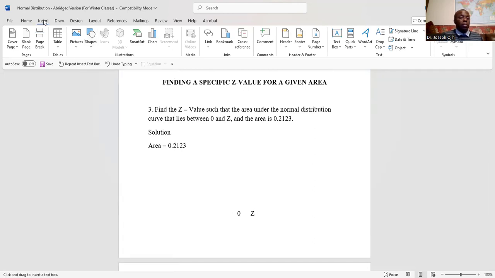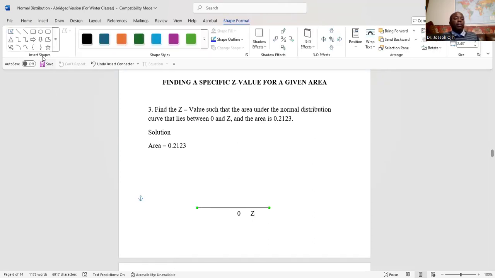I think I put the wrong thing. Have this. So I draw the line, and then put the bell curve. Now we put the center line.